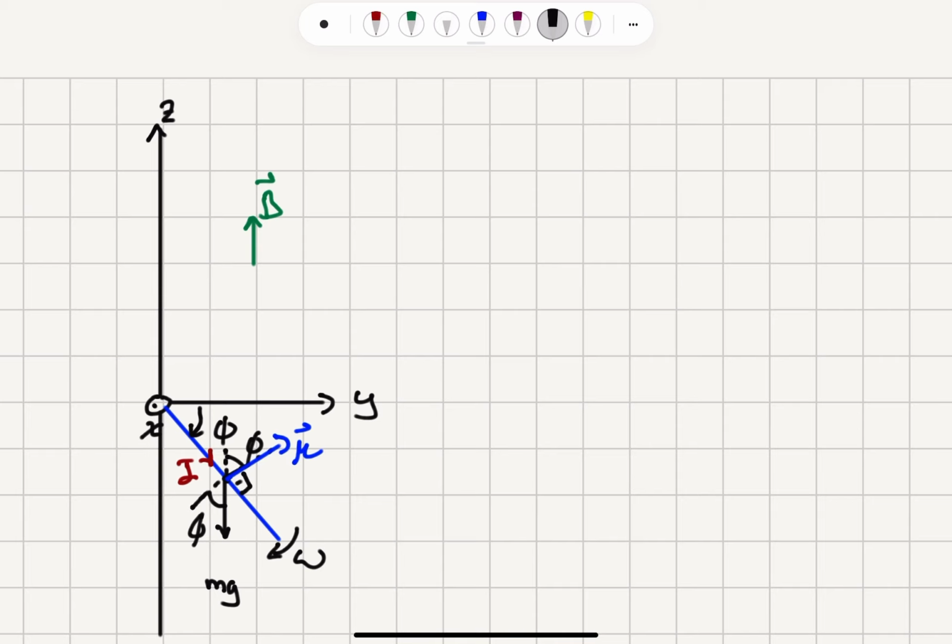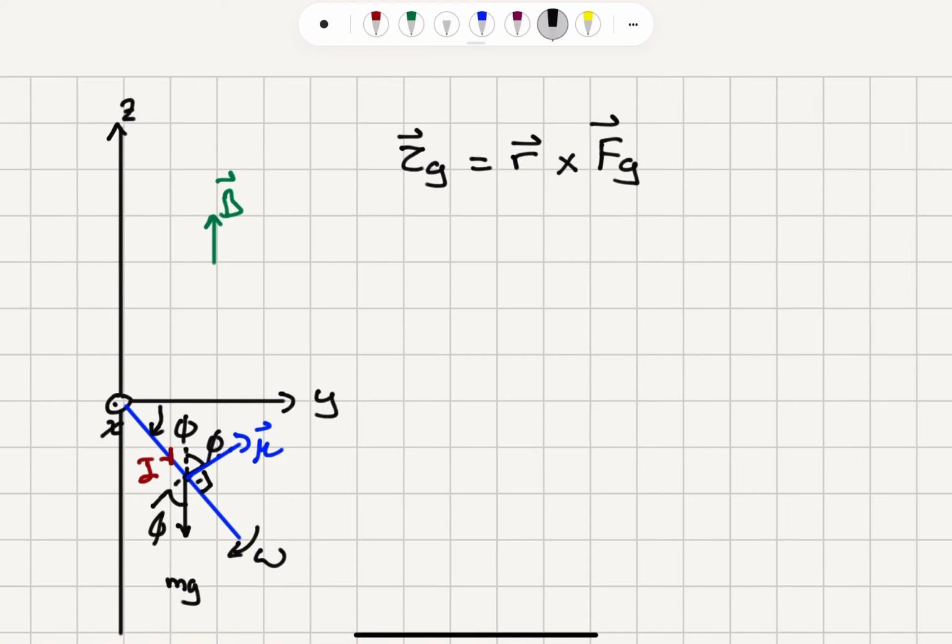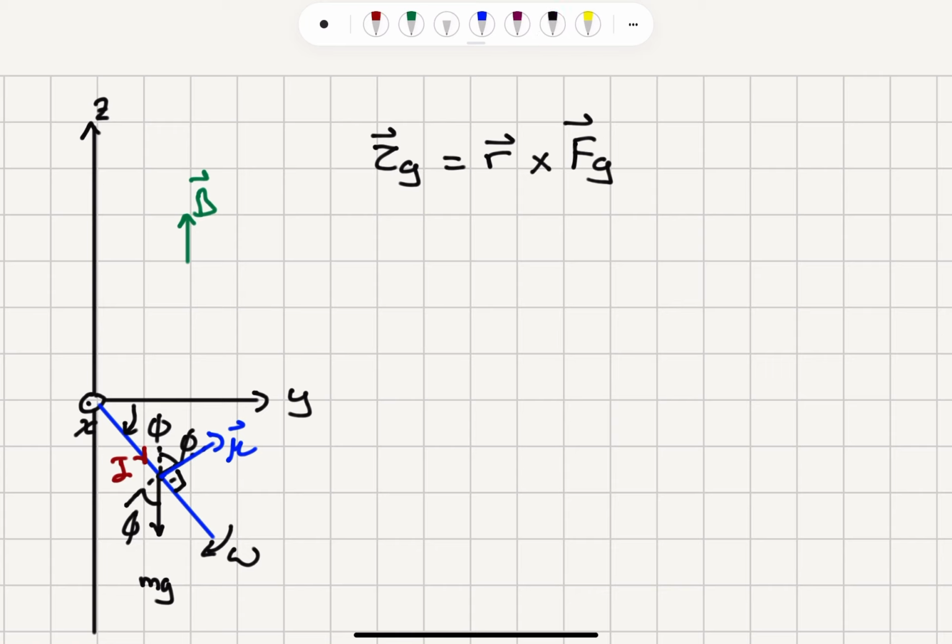The first torque comes from the gravitational force. It is r cross the gravitational force, Fg. r is the position vector of the point of application of the force with respect to the rotation axis, and that's this L over 2 here, because we're right in the middle of the loop.